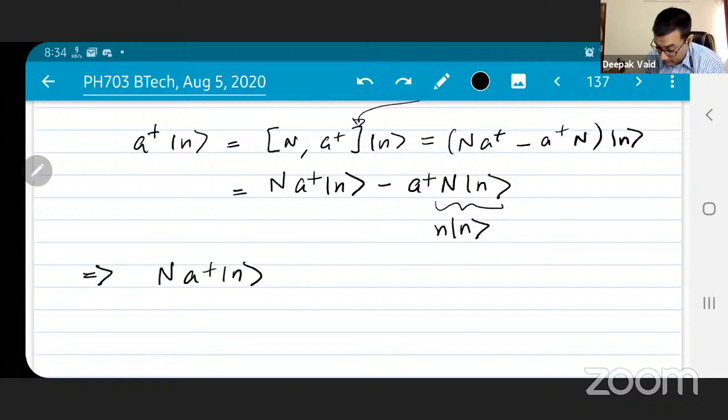Okay, let me just work it out and then see. So n times A dagger n minus A dagger n is equal to n.